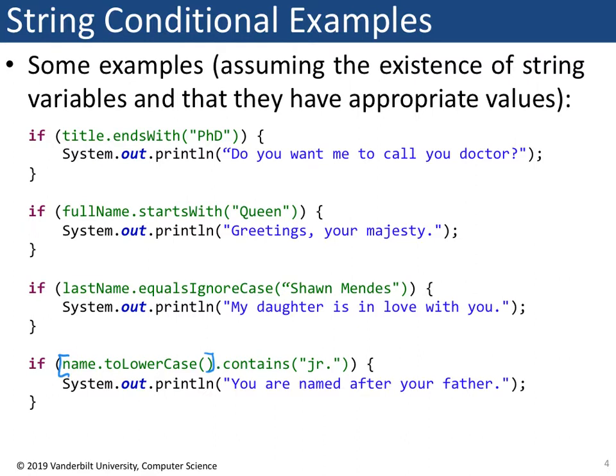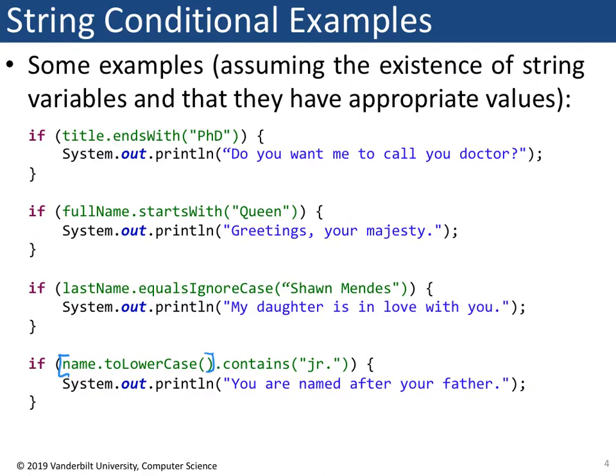So the string junior, in which case it will return a Boolean value of true or false, and this will ultimately evaluate to a Boolean expression. And if it's true, we will print out, you are named after your father.